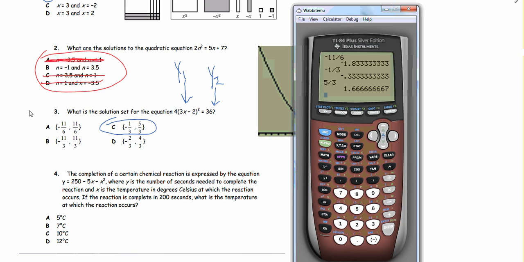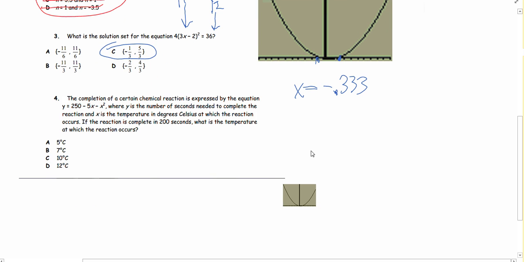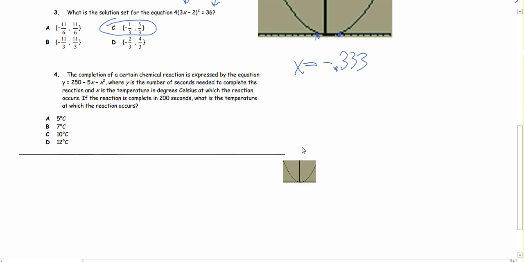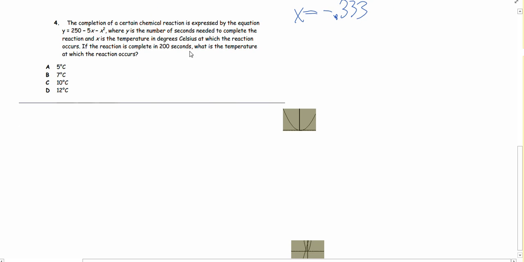Alright, let's look at the last one here, and then we'll call it a wrap on this one. The last one says that the completion of a chemical reaction is given by this equation. Okay, so we have y equals 250 minus 5x minus x squared, and y is the number of seconds.